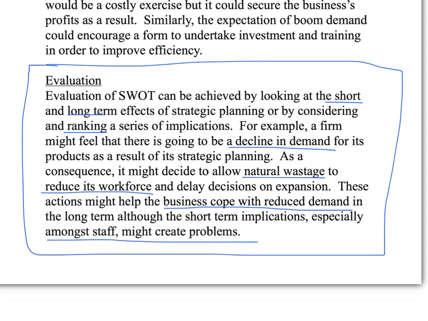So just to recap then, the purpose of a SWOT analysis is to conduct a general and quick examination of a business's current position so that it can identify preferred and likely directions for the future. A SWOT analysis involves looking at the internal strengths and weaknesses of a business and the external opportunities and threats.